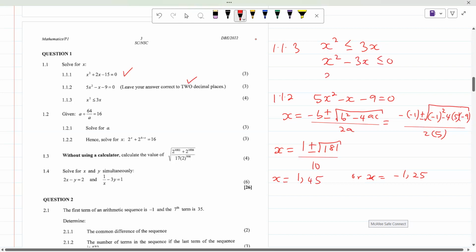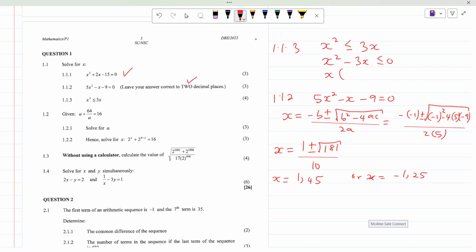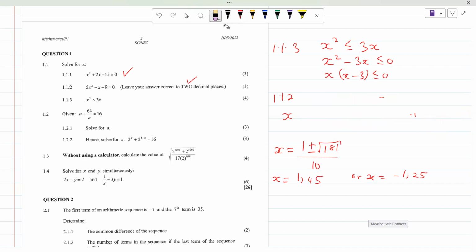So you have the x squared minus 3x, and then I'm pulling out the common factor, which is x, times x minus 3, is less than or equal to 0. Now, what is this? We continue with this and we're able to get the result. What are the factors of this? There are certain things we call the CVs.